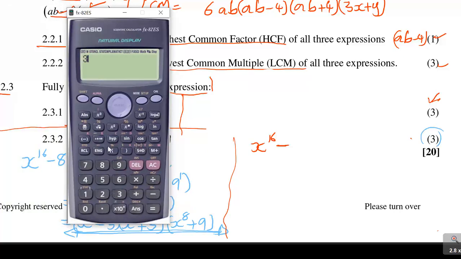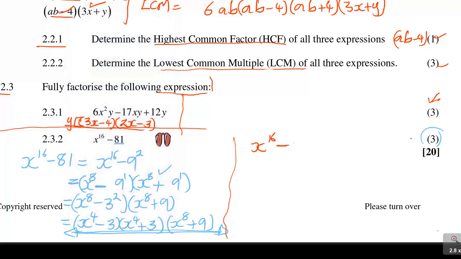But if I say 3 to the power of 4, you can see 3 to the power of 4 is 81. So this is 3 to the power of 4. Now when it's like that, it's already a difference of two squares. As I said, you write your x, your 3, your x and your 3.